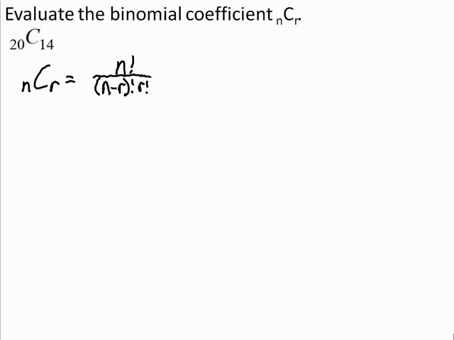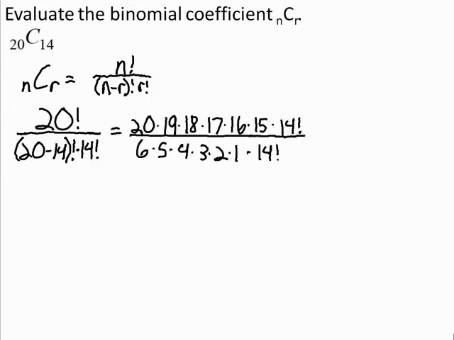Substitute 20 into this equation for n and 14 into this equation for r. 20 factorial divided by 20 minus 14 factorial times 14 factorial. 20 factorial is 20 times 19 times 18 times 17 times 16 times 15 times 14 factorial. 20 minus 14 factorial is 6 factorial, which is equal to 6 times 5 times 4 times 3 times 2 times 1. There is a 14 factorial in both the numerator and denominator, so they cancel out. This simplifies to 38,760. So 20C14 is equal to 38,760.